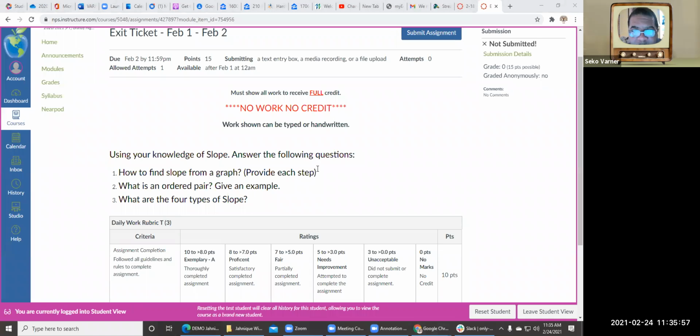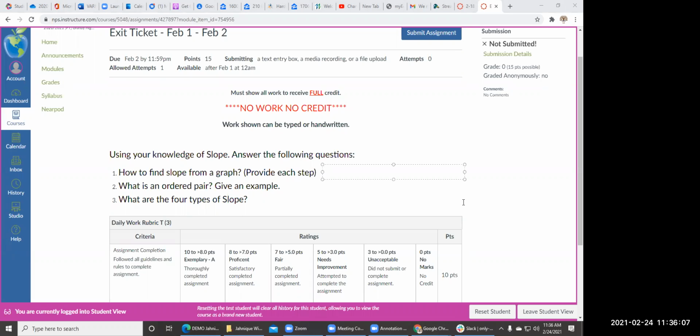So based off of what we just discussed, how do you find a slope from a graph?